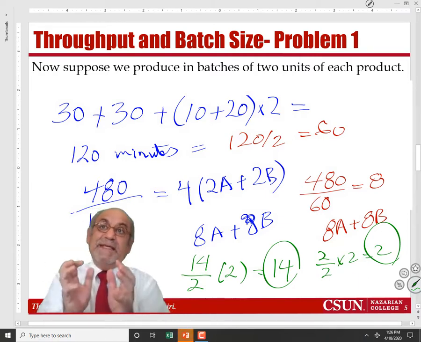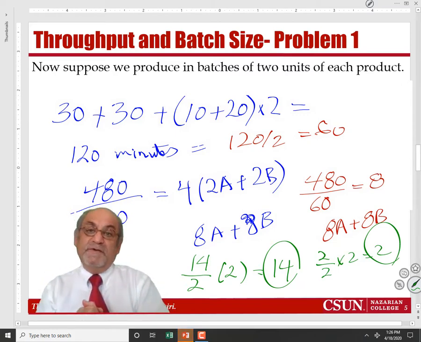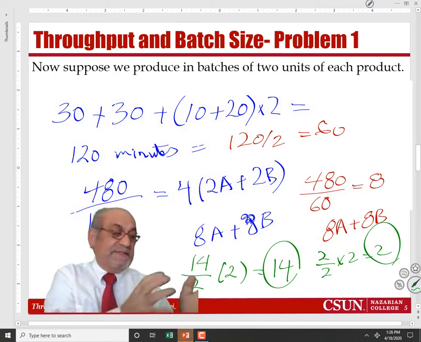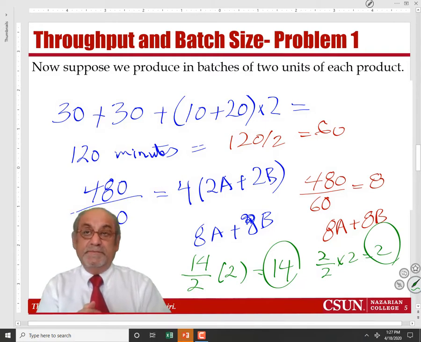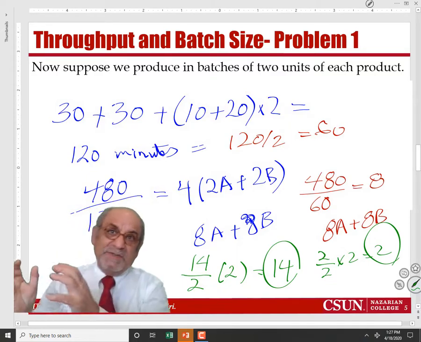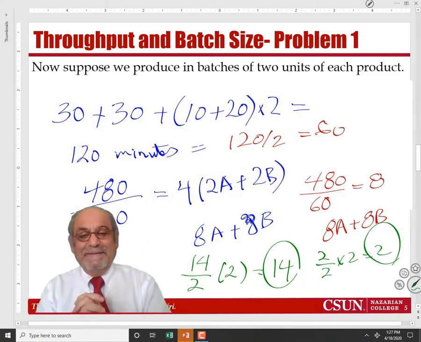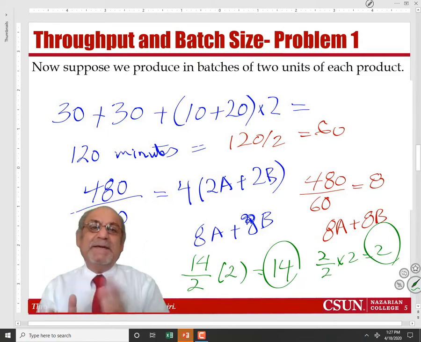If I make a mistake in those 14 units, then I need to rework on 14 units. If I make a mistake on those 2 units, then I just need to rework on 2 units. But don't forget, if it is the bottleneck or it is the station which fits the bottleneck, we really don't want to risk any capacity.